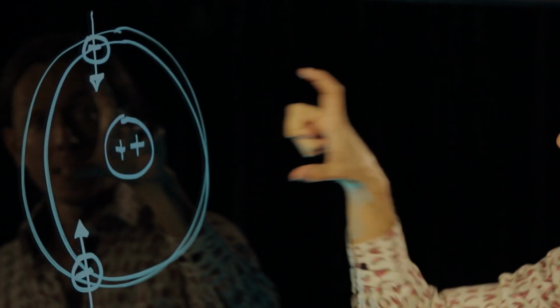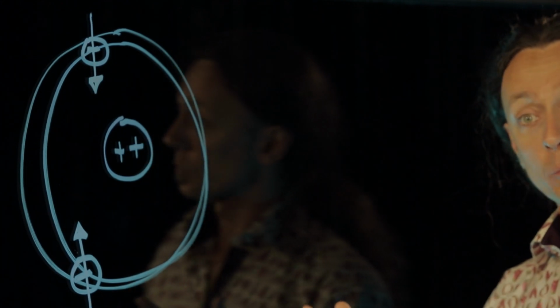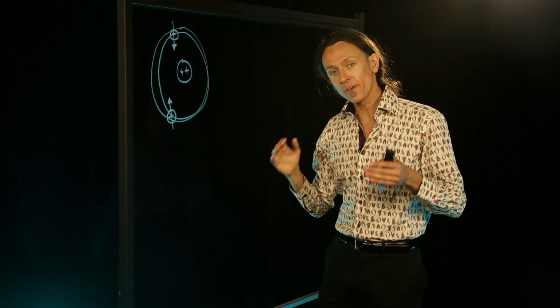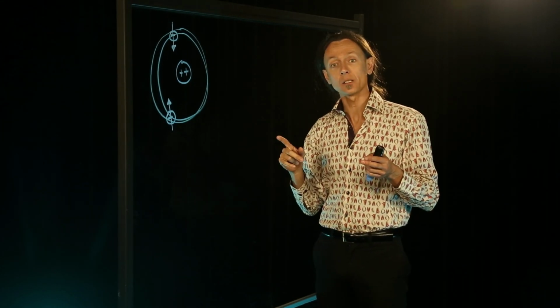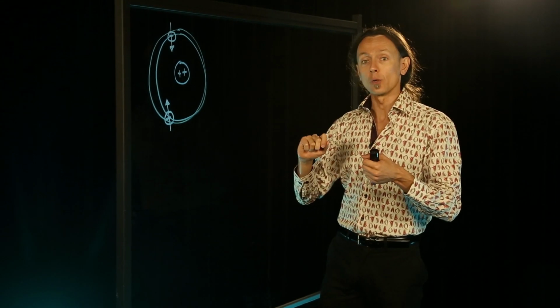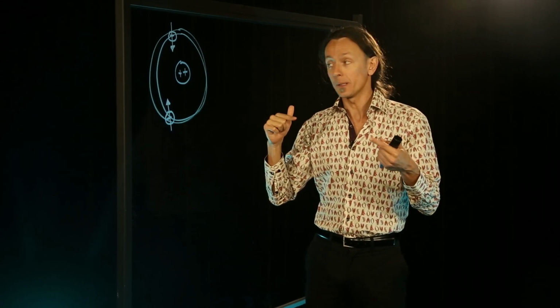These electrons are in what is called an entangled quantum state. Entanglement is a very special form of correlation that exists only in quantum mechanics, where two particles are correlated with each other, but they lose their individuality.